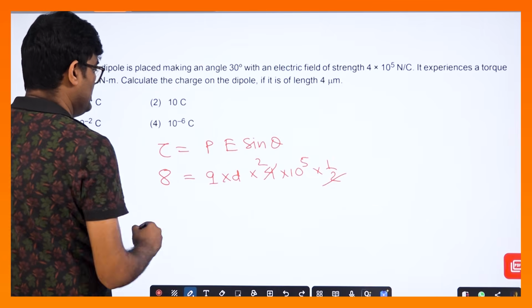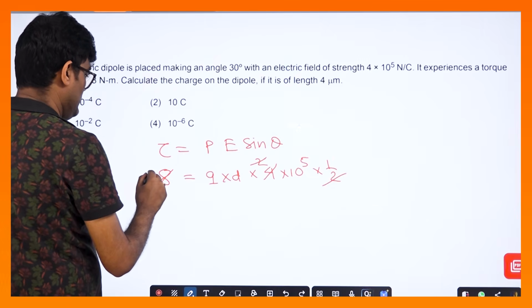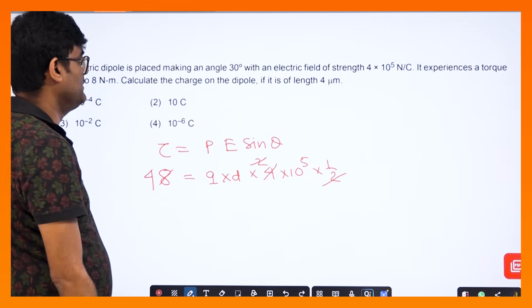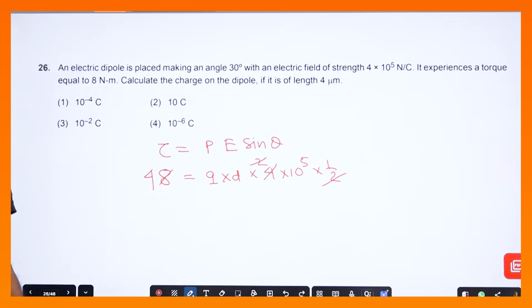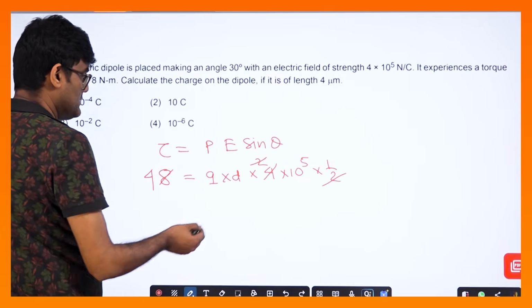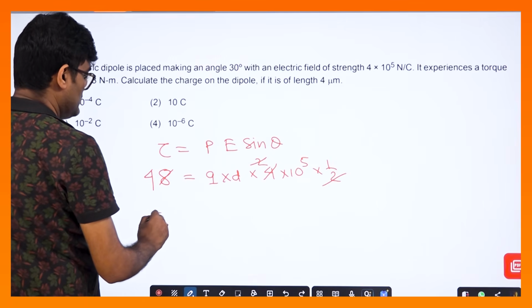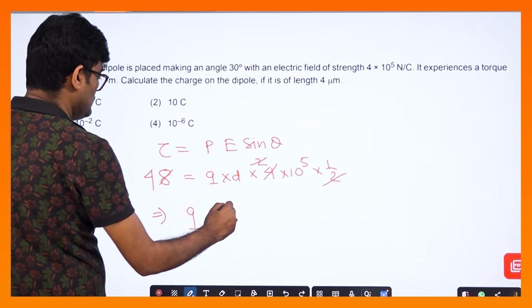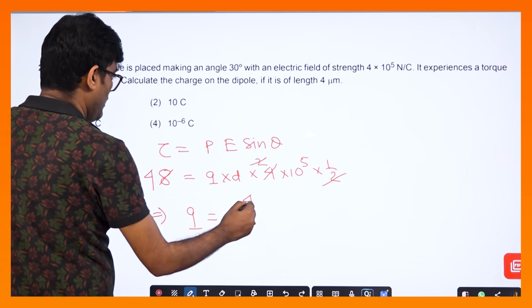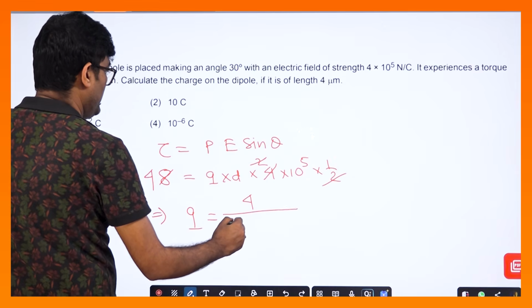So I can say that it is Q into D, where the length is 4. So the value of Q is equal to 4 by D into 10 power 5.